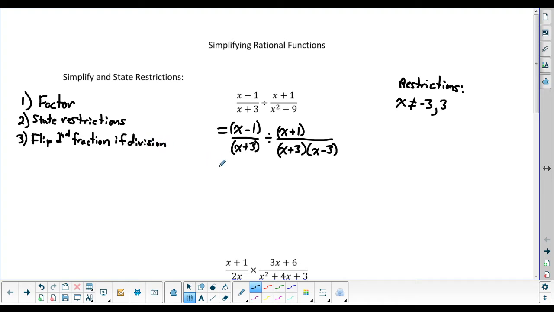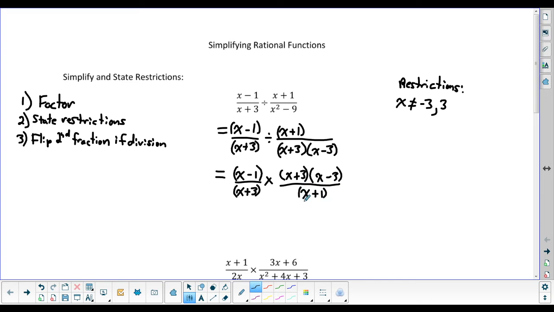Let's do that for a sec. Here we're going to get x minus 1 over x plus 3. Nothing changes with that fraction. But we flip our second, change it to multiplication. We're going to get x plus 3, x minus 3, all divided by x plus 1.